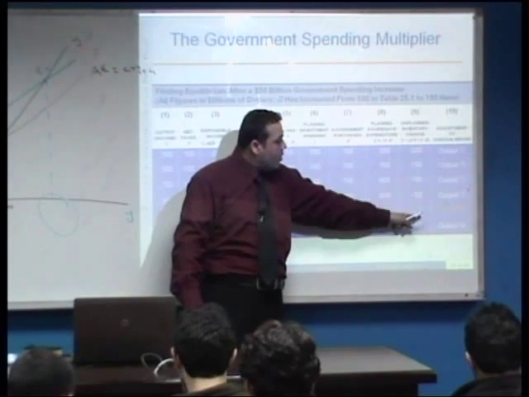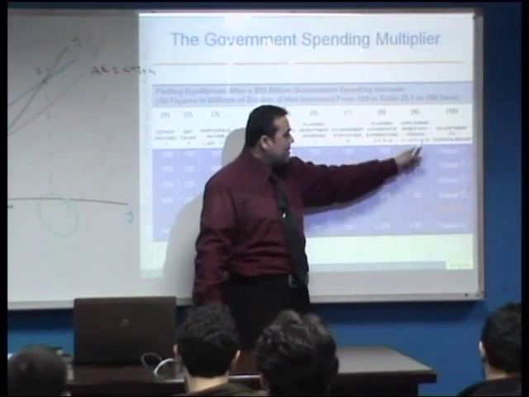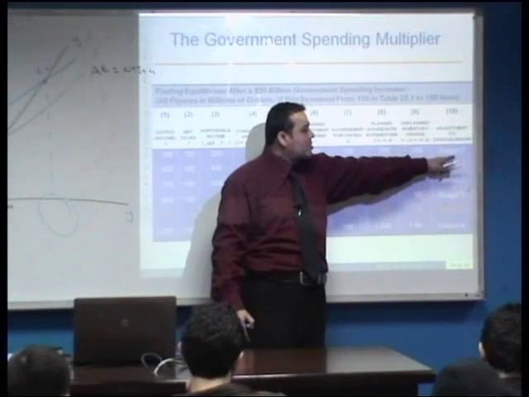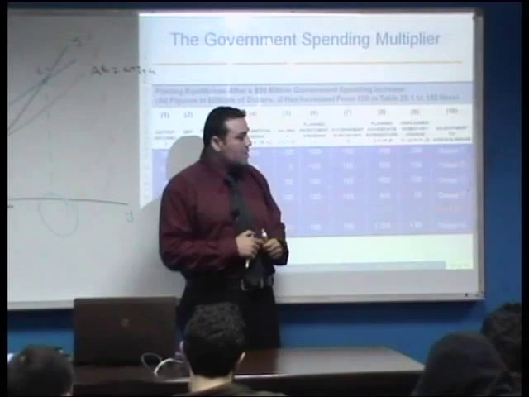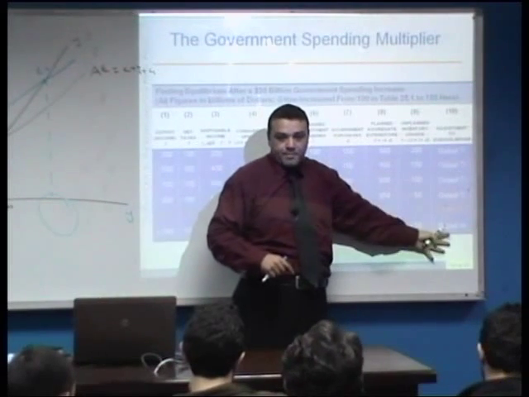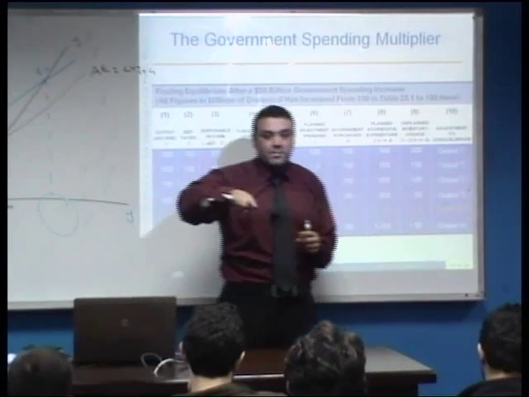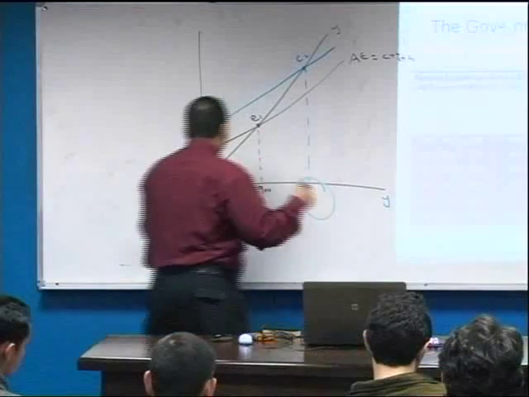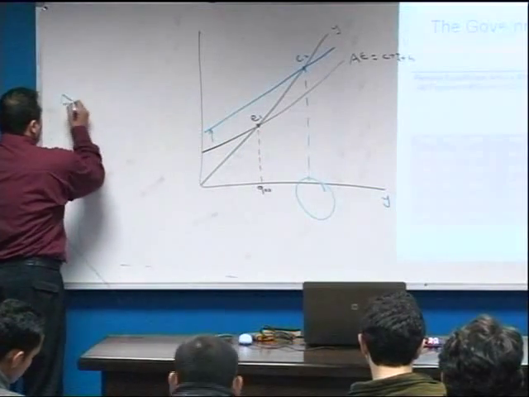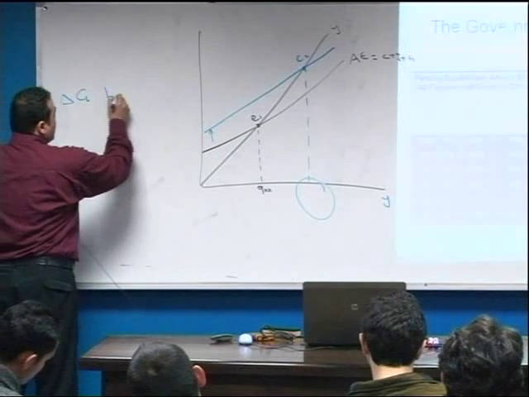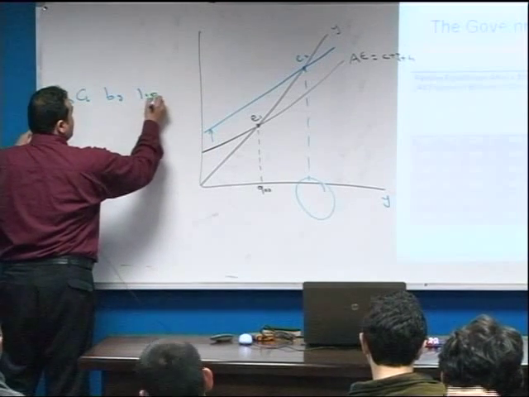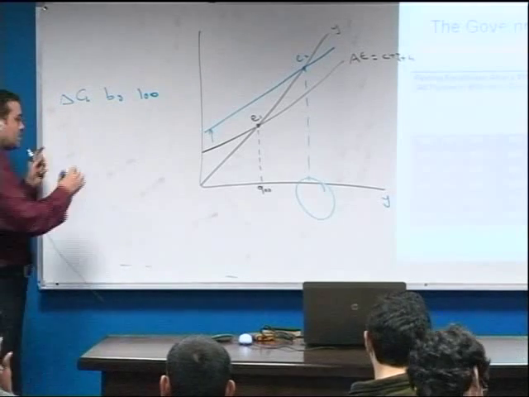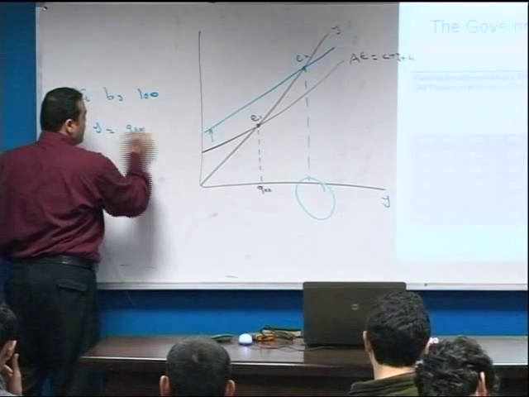So what would happen? The unplanned inventory change equals how much? Then the adjustment to the equilibrium. We have a new equilibrium point. In the first example, when the government increased its spending by $100 million, the equilibrium aggregate output equals how much? $900 million.